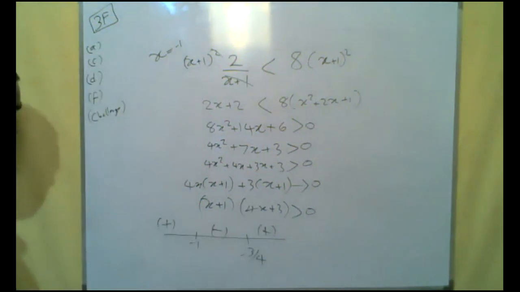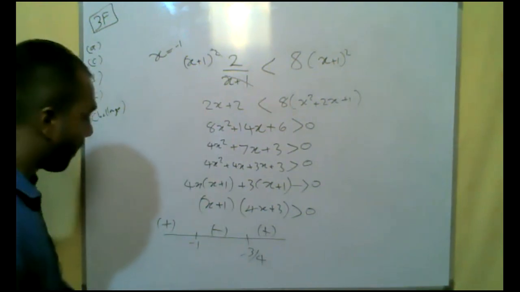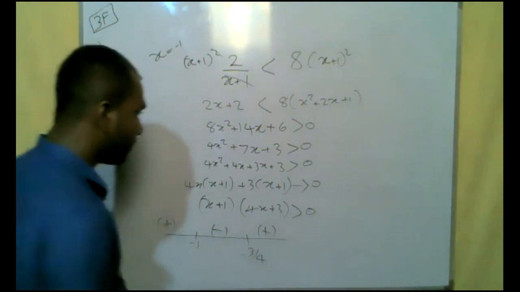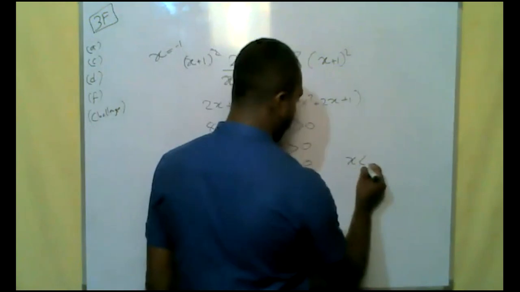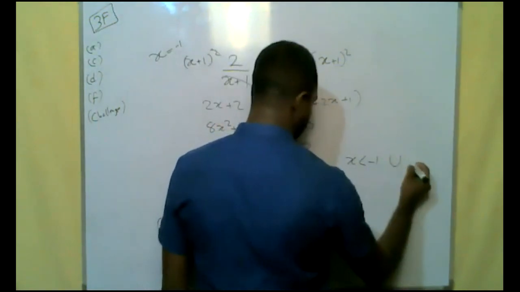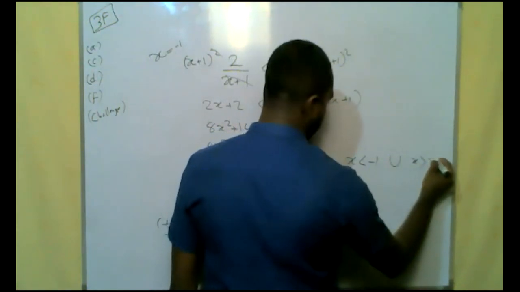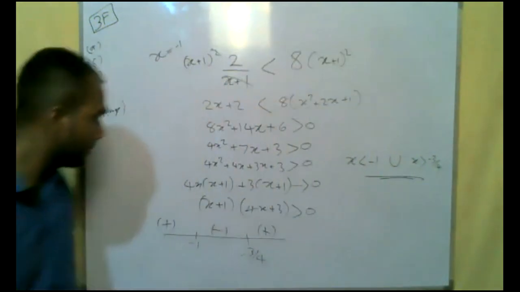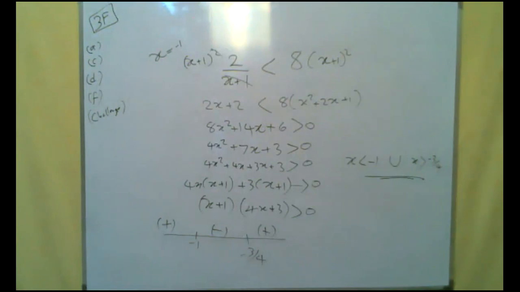This is going to be the way our solution set will be. So how much? x should be either less than minus 1 or x should be greater than minus 3 over 4. This is our solution set. And they say also x is not equal to minus 1 as well.